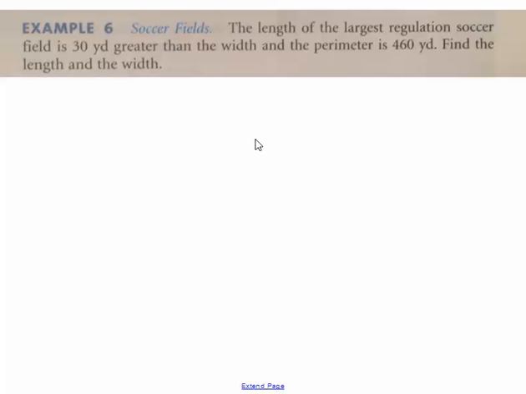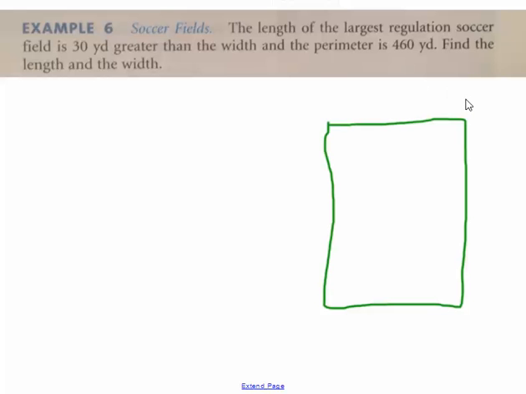Having understood the problem, we're going to need to define a variable, but this problem is about a rectangle. So we need to draw a rectangle. Here's our rectangle.